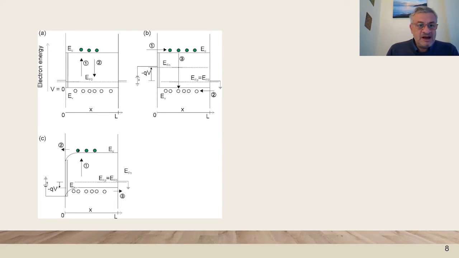If we apply a reverse bias, which is positive to the electron selective contact, we are going to increase polarization. But this doesn't make any significant effect because no carriers are injected and we only can extract the thermal generation.